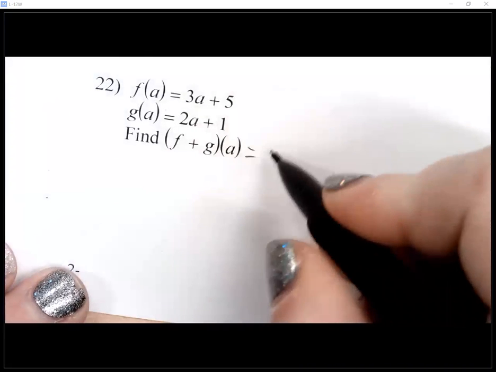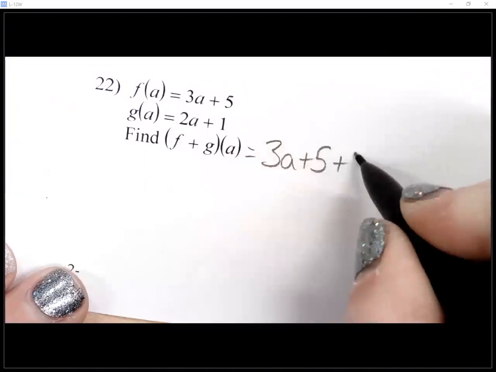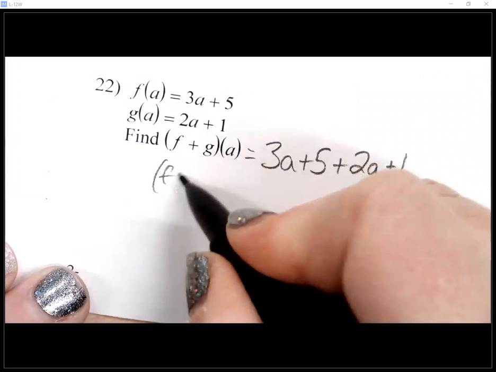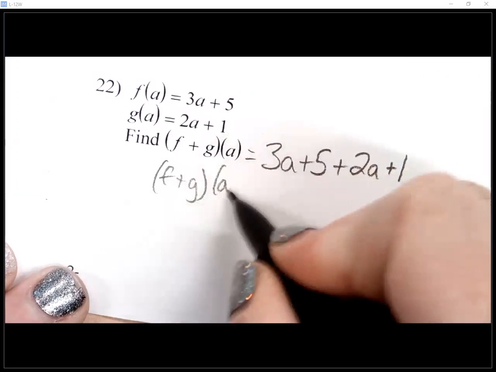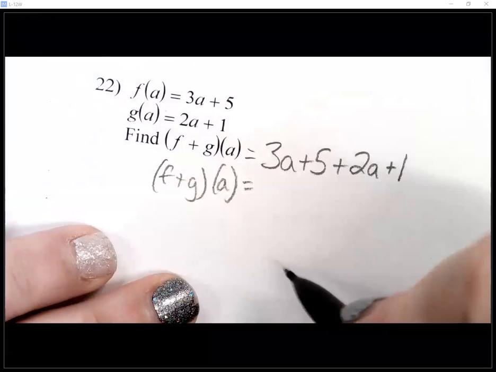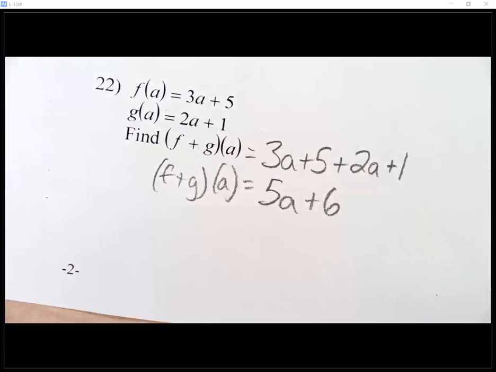Okay, we got an answer? Brady, what'd you get? 5A plus 6. Correct. 5A plus 6, and that's it. So adding is literally that easy. Just take whatever they want you to add together, combine like terms, and you're done.